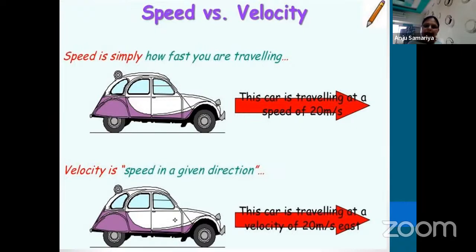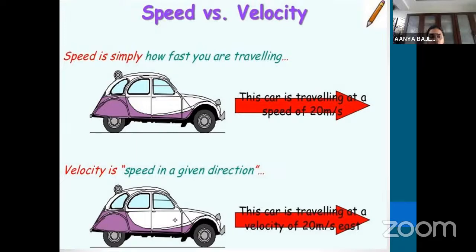But as soon as I say the car is moving at a speed of 10 meters per second north, you get, oh, you have a direction, so matlab car is moving towards the north, and that is the velocity. So the difference between speed and velocity is that velocity needs a direction. Speed with a specified direction becomes velocity. Velocity without direction remains speed.